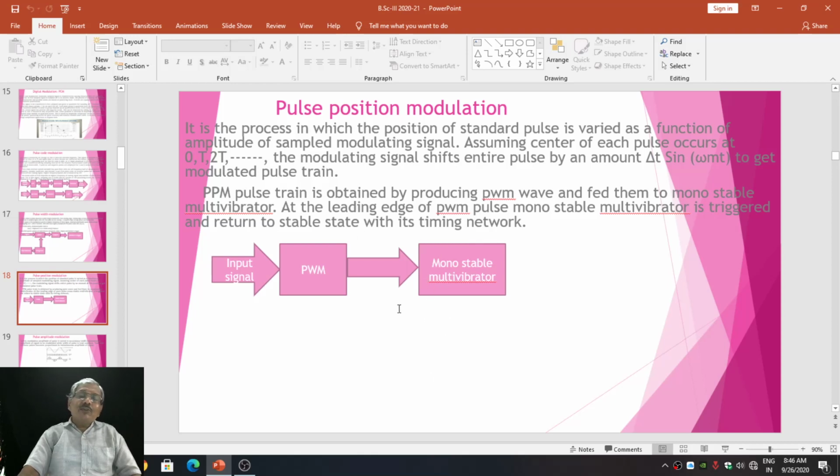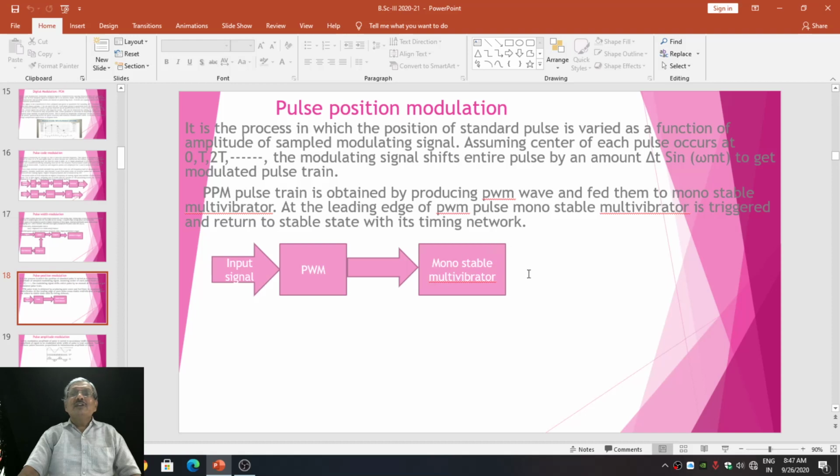And we are using the output of the pulse width modulated wave to trigger the monostable multivibrator at its leading edge, and then after triggering it goes to its quasi-stable state. But naturally it doesn't remain in that state for a long time.